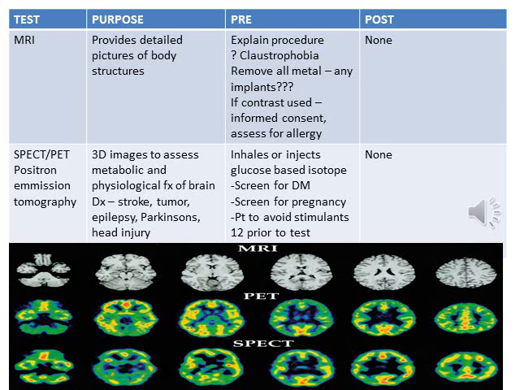Moving onwards, here we have MRI. MRI is a huge magnet, so we want to make sure that there is no metal on the patients. Metal being implants such as pacemakers, insulin pumps, what other kinds of things?